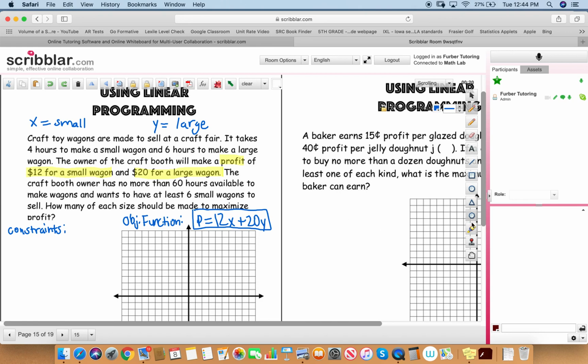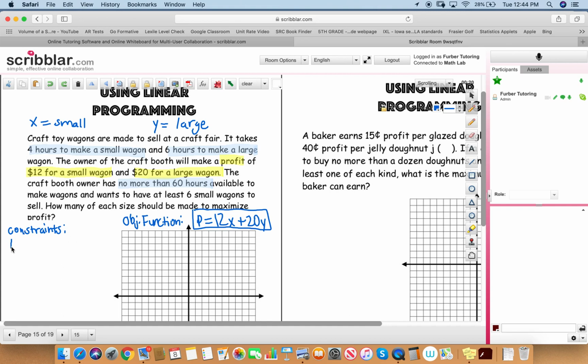There is usually one sentence or one part of the constraints that has to do with making all of them together. It says right here, it takes 4 hours to make a small and 6 hours to make a large. And then it says down here, he has no more than 60 hours available, meaning he doesn't have time to spend any more than 60 hours to make them. We don't know if that's for a week or a month, it doesn't matter. But the point is, that's his limitation. His constraint is his time.